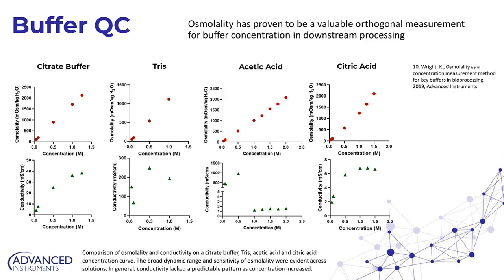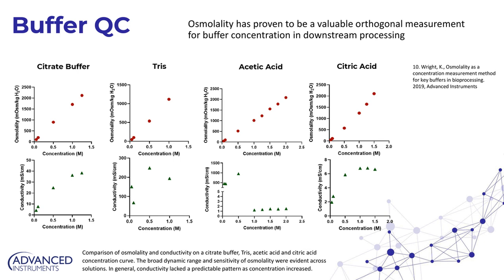And the answer is, as we start to see a drive towards more continuous downstream processing, and more concentrated buffers being produced and increased implementation of things like inline buffer dilution systems, we do come across solutions of buffers that are highly concentrated. So we wanted to make sure that we covered the full range.